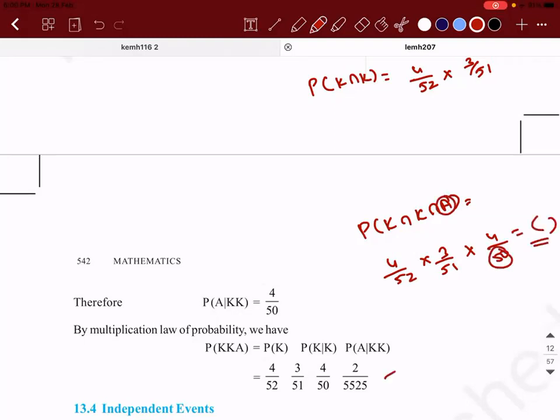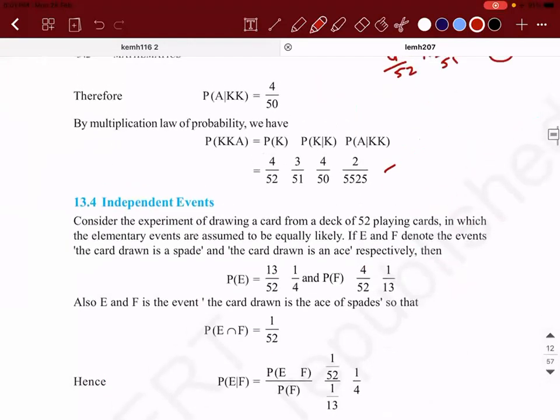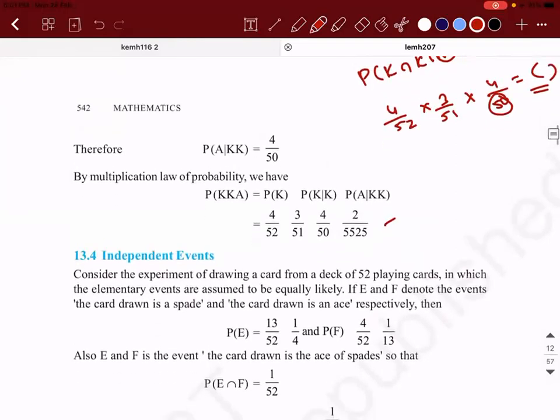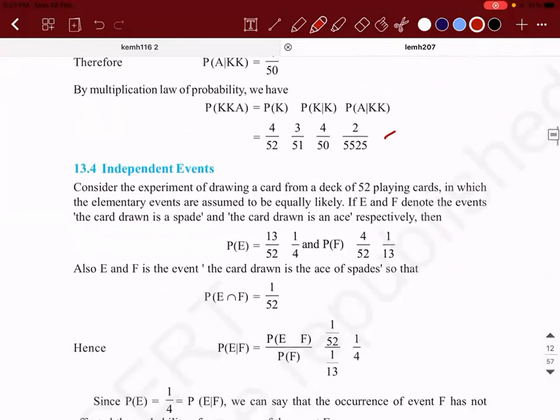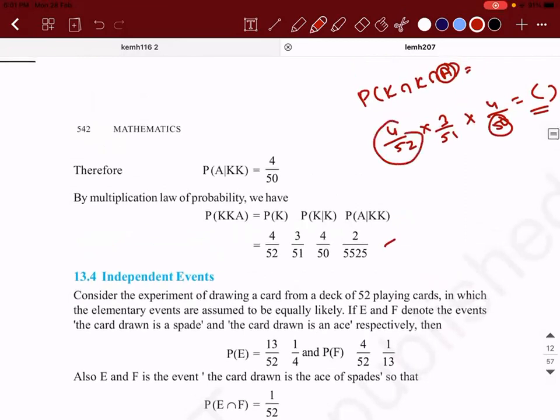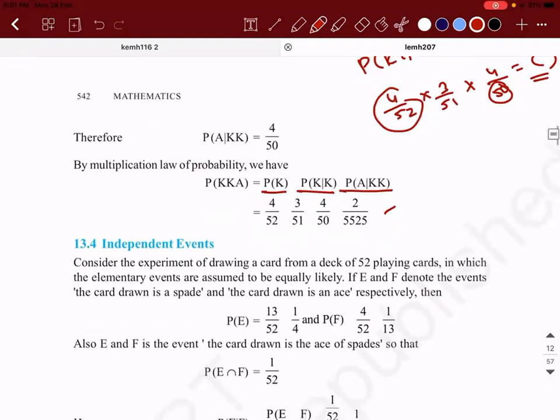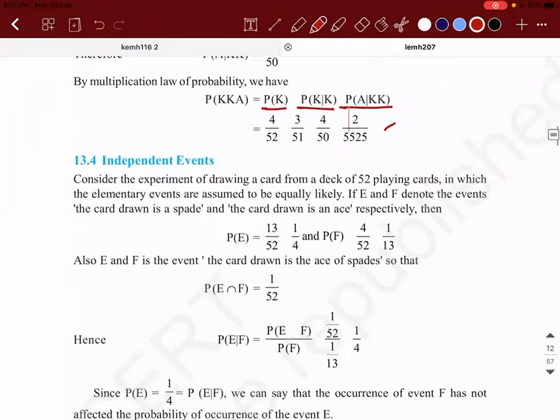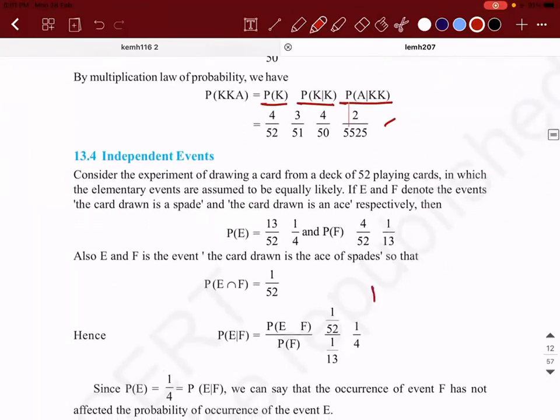Did you understand how they came? Yes or no? So yes, the only thing is you will be applying the formula P of K into P of K given K into P of A given KK. That's it, one after the other. See, for example, let me put a question like this.